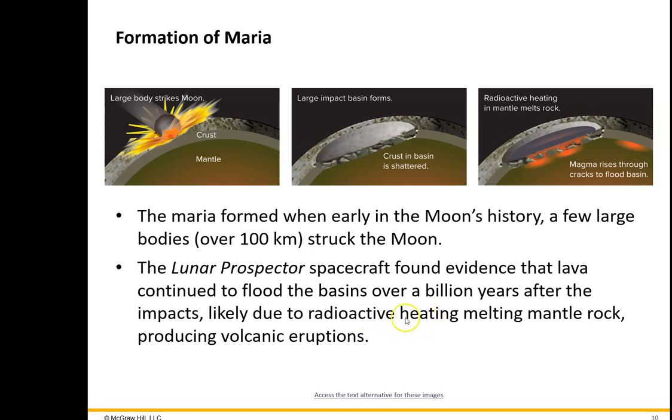The moon though is much smaller, so it doesn't retain its heat as well as the Earth does. But there were times in the moon's history when there was volcanic activity. It's been around for about 4 billion years, so it had time to do this.